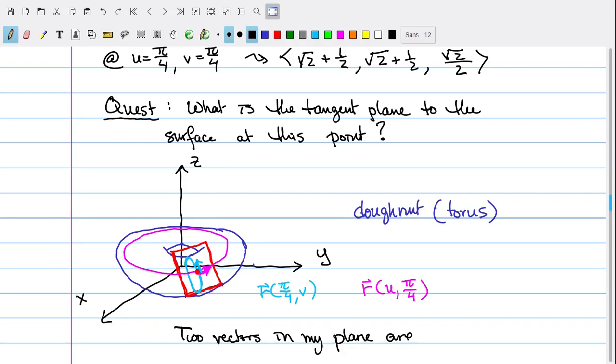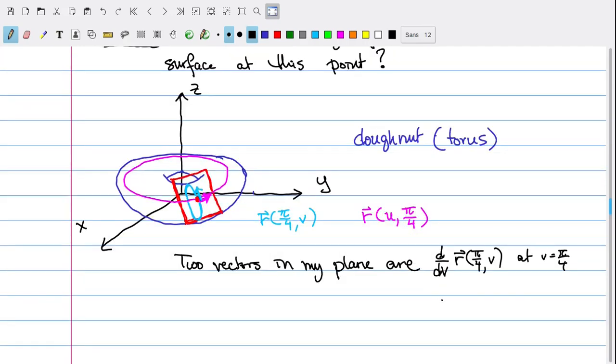Specifically, the two vectors in my plane are just: taking the derivative of the light blue curve, so that's d/dv. It's a function of a single variable, so I can do regular derivatives, not partials, of r of pi over 4, v at v equals pi over 4. And I can also do d/du of r of u, pi over 4 at u equals pi over 4.